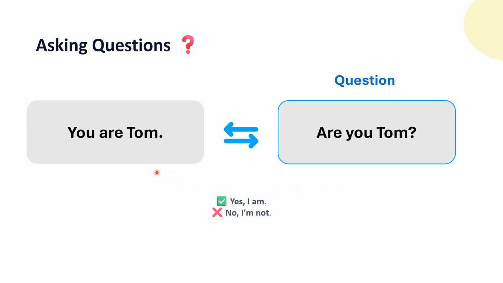We just put are at the beginning and you is in the middle. To answer this question, you can say, yes, I am, or no, I am not. Very easy, right?